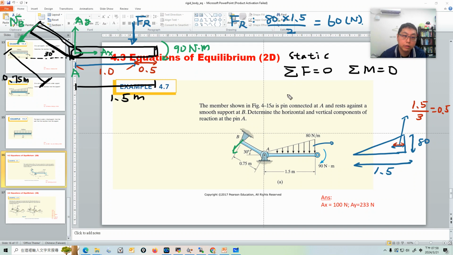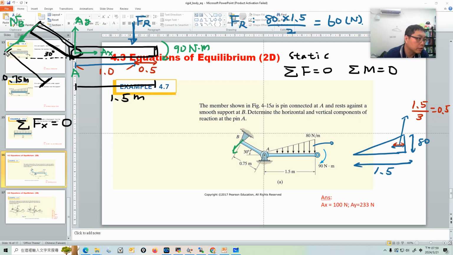Let's start with the X component being 0. Do we have any X component of the force? Yes, this MB has an X component. Be careful, this MB has an X component. So where is the X component?